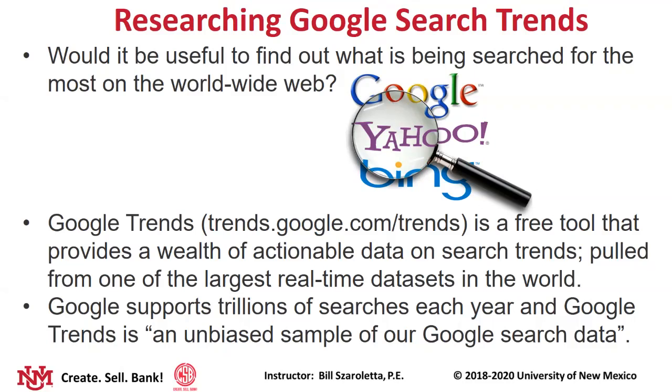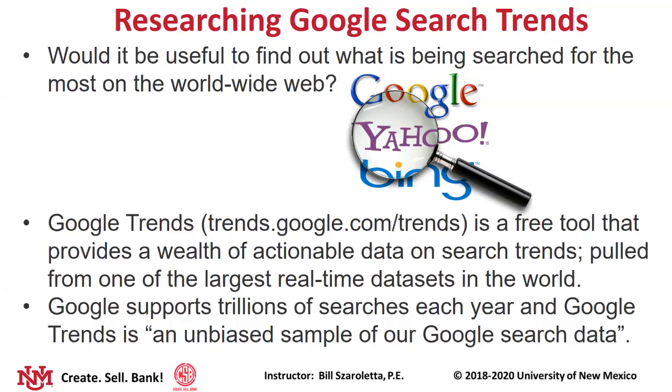But two things we're going to talk about are Google Trends and Trend Hunter. So Google Trends is at trends.google.com. If you type that in, it will resolve to this subfolder of trends. And it's a free tool.